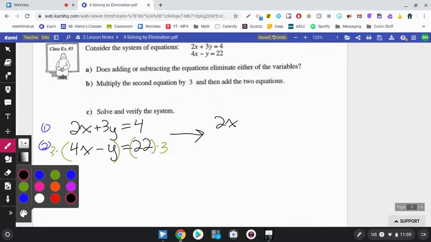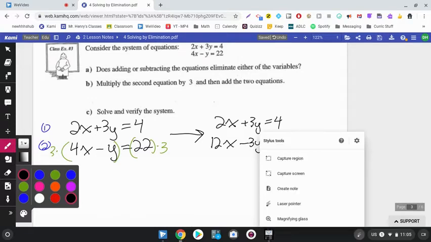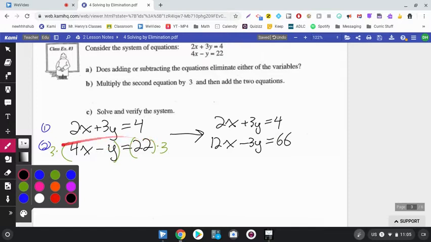So the first one, 2x plus 3y equals 4, that's the same. But if I tripled that second equation, I now have 12x minus 3y equals 66. This is usually what people forget. If I'm going to triple an equation, make everything 3 times bigger, got to do it to both sides.